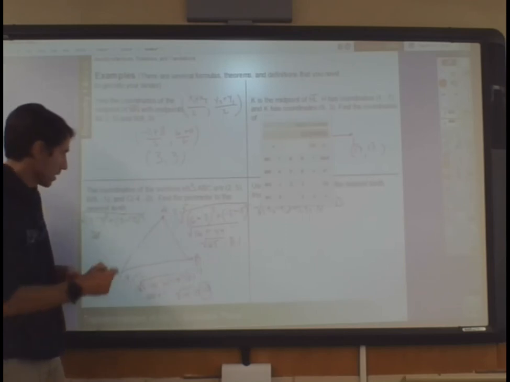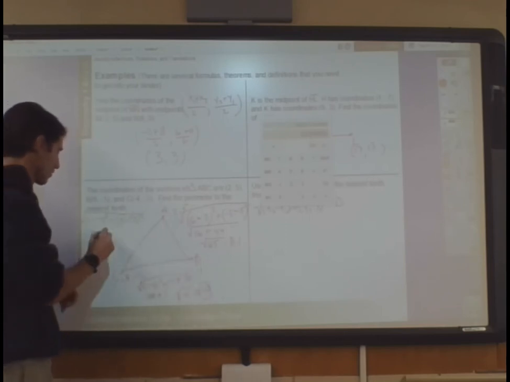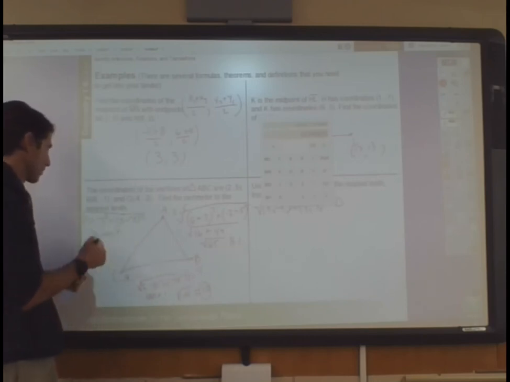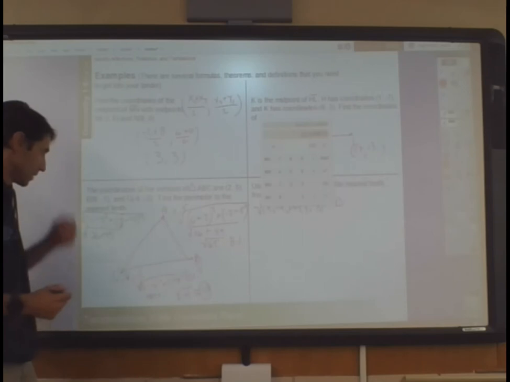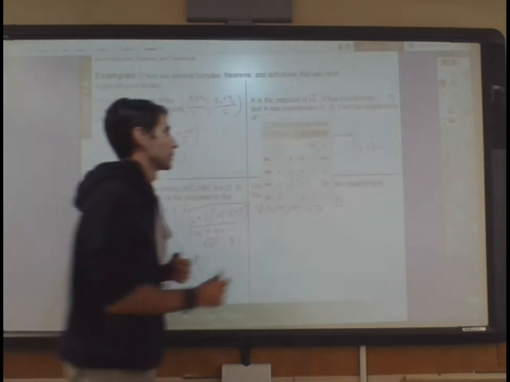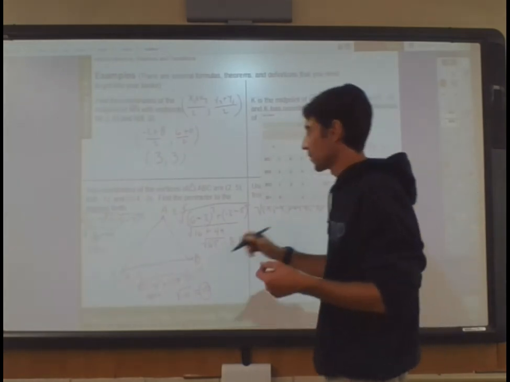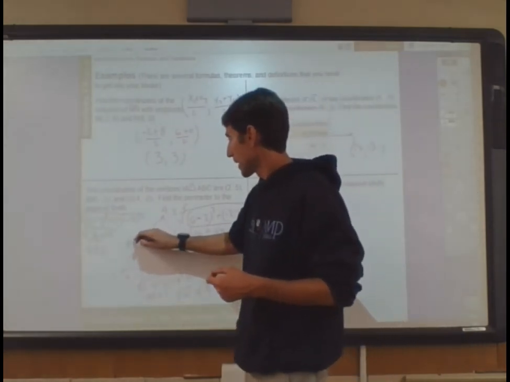All right, that's good. 5 minus negative 2 is 7. 7 squared is 49. All right, so we'll have to square root it. So 36 plus 49 is 85. We have to take the square root of it. So the square root of 85 is 9.2. So we have 9.2 here.